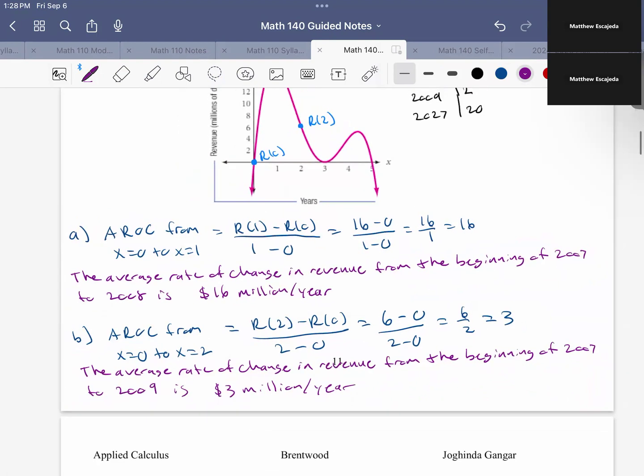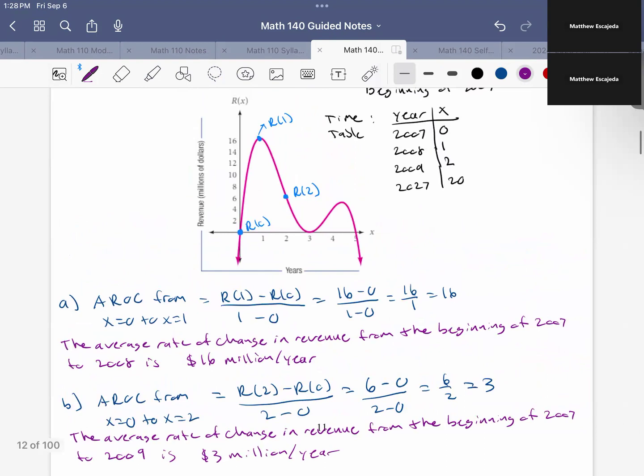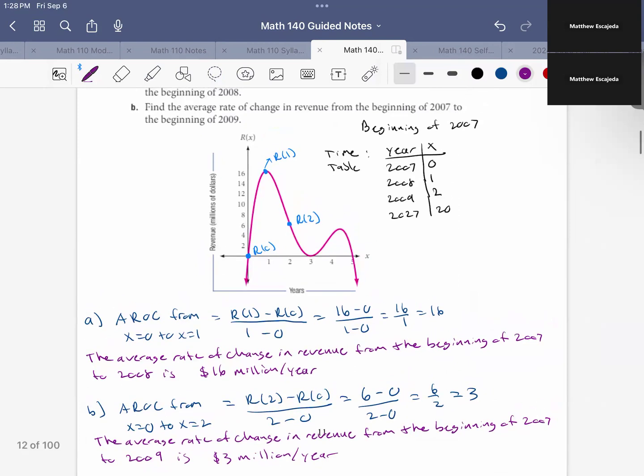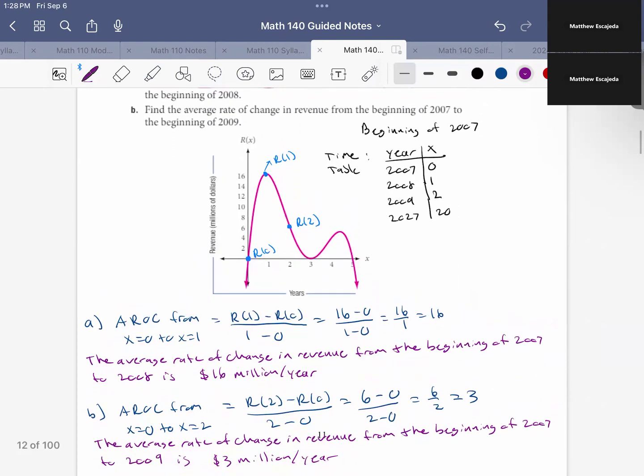And that's it. So we're still finding slope, but now average rate of change puts it in terms of an applied problem. That's it for section 1.3. We'll see you next time. Thank you.